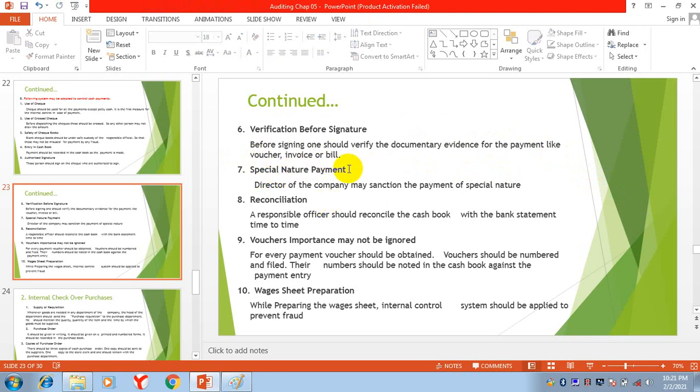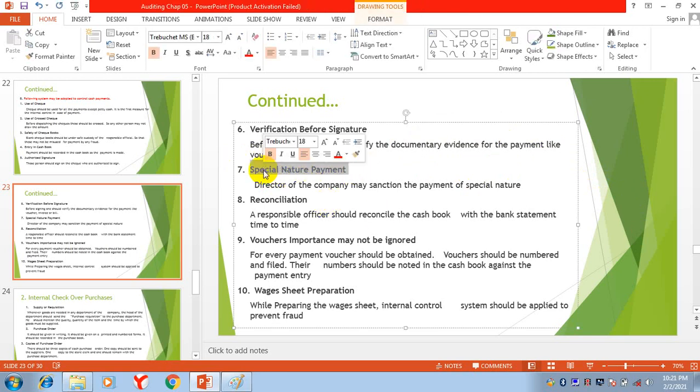Special nature payment. Some payments are regular payments, like from suppliers, where we are regularly purchasing goods. But some payments are of special nature, like purchasing land, a building or machinery.